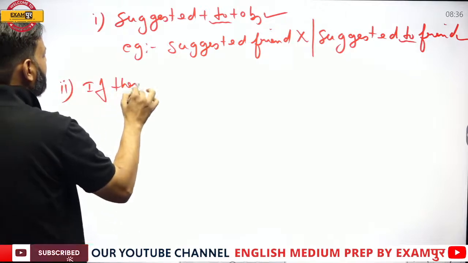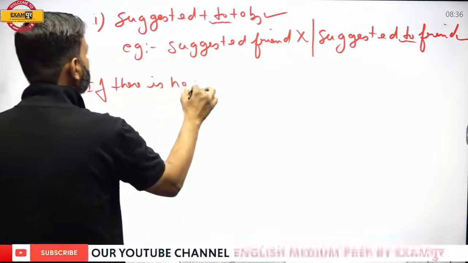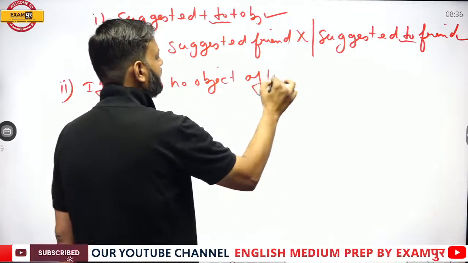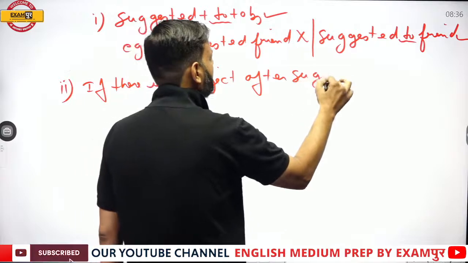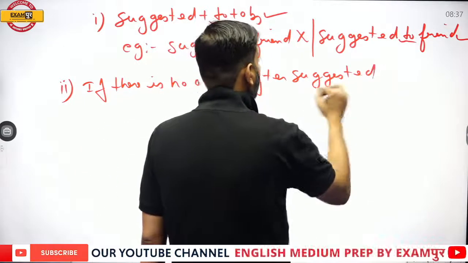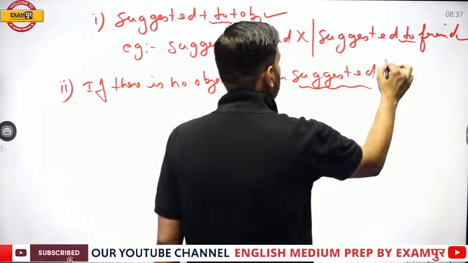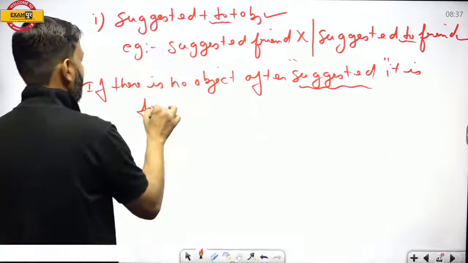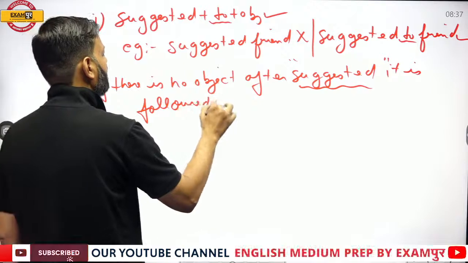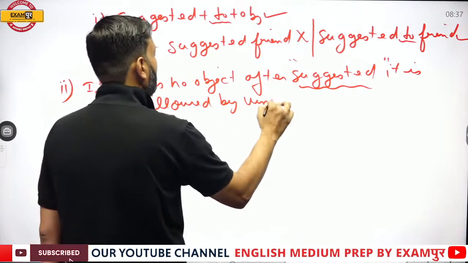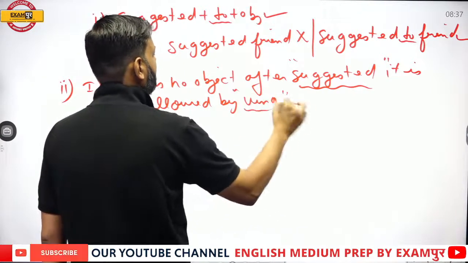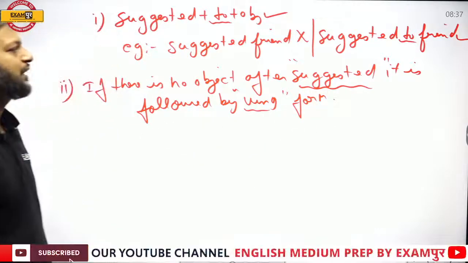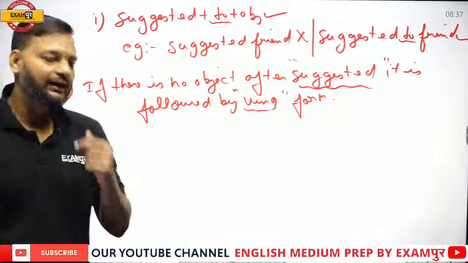Second thing: if there is no object after suggested, it is followed by the ing form.